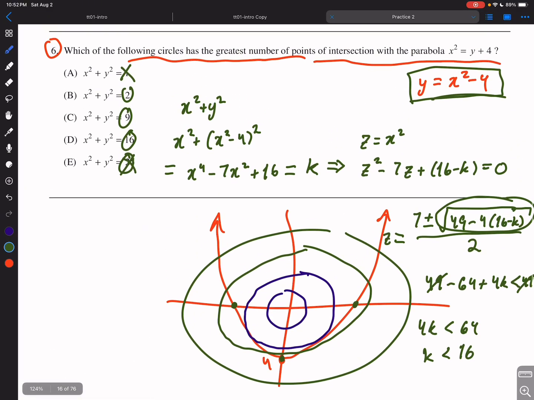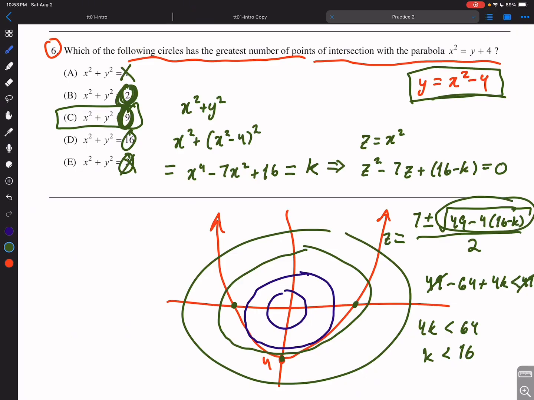So my answer is C, because in C, the value of k is less than 16. And that would come from saying that I want the thing underneath the square root to be strictly greater than 0, because that would guarantee me two strictly positive square roots.